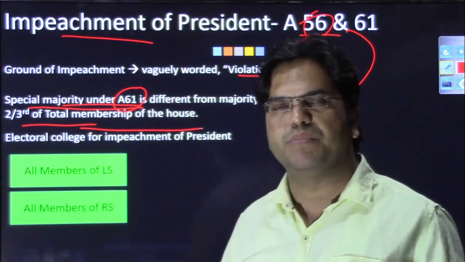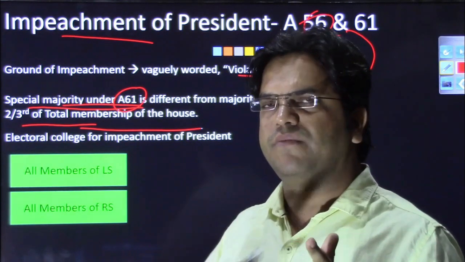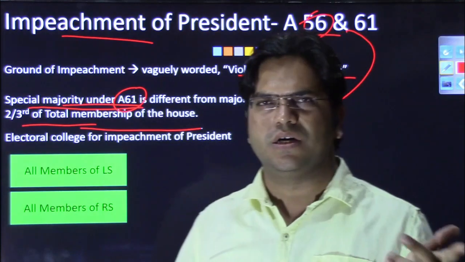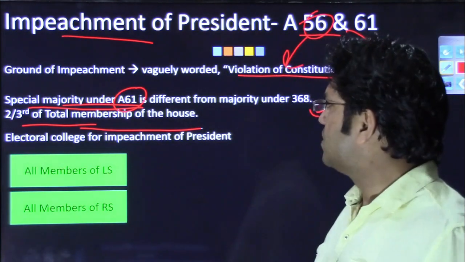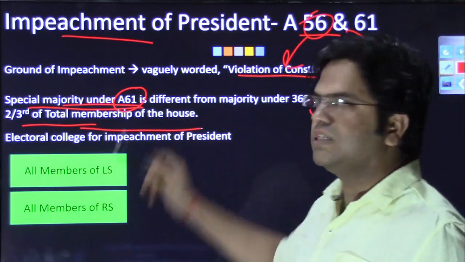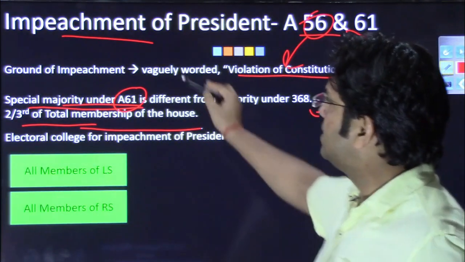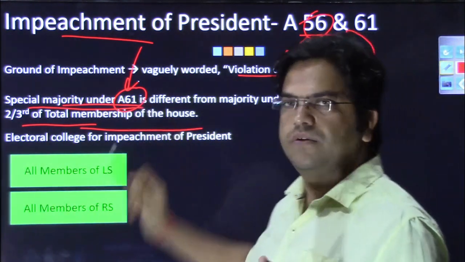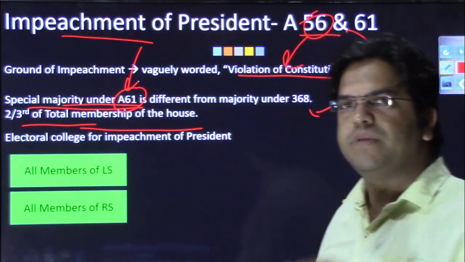So what is the total membership of Lok Sabha? 543, if we set aside the two Anglo-Indian. And what would be the total membership of Rajya Sabha? Some 245. So when special majority is said in relation to Article 61, that is in relation to impeachment of the president, it will be 2/3 of the total membership of Rajya Sabha and Lok Sabha.